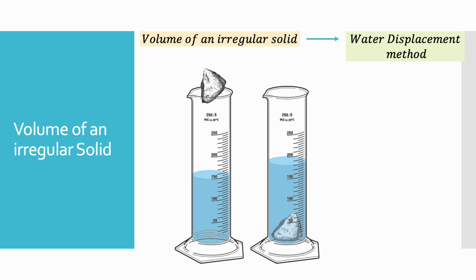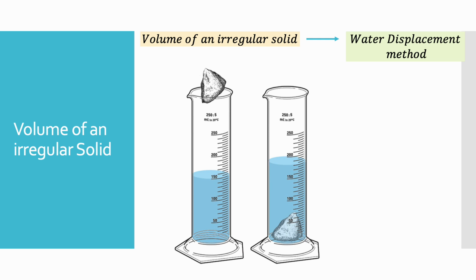Now what will happen? The water level rises. The increase in water level tells us the volume of the object. So if the water level rises, let's say, from 150 to 200, the volume would be 200 minus 150. That would give us 50 milliliters.